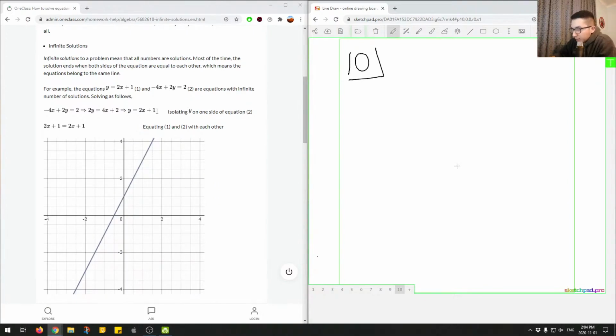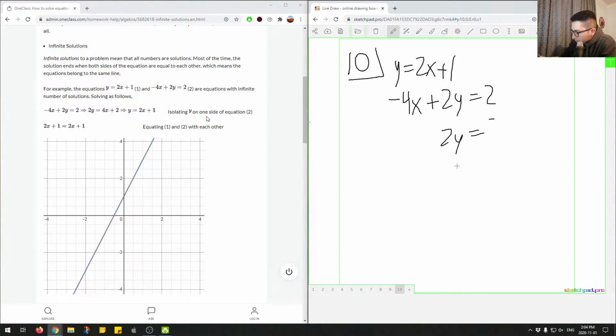So if we're given y is equal to 2x plus 1, and we're given negative 4x plus 2y equals 2. So we'll rearrange for this equation first. So we'll say 2y equals 2 plus 4x, and y equals 2x plus 1.